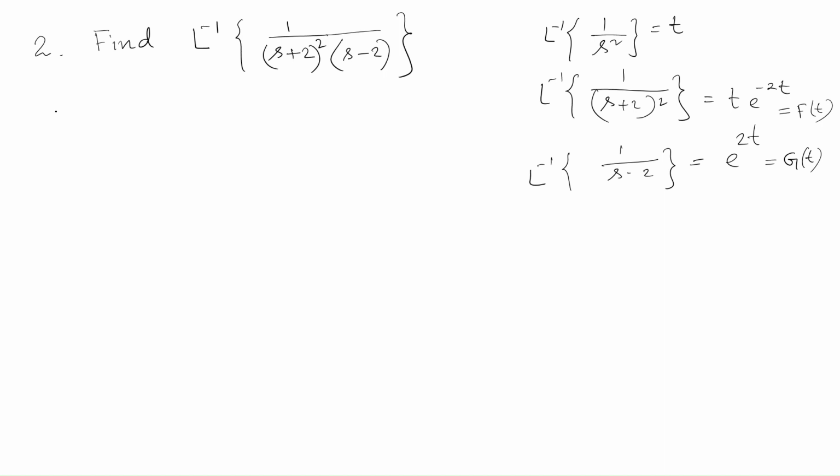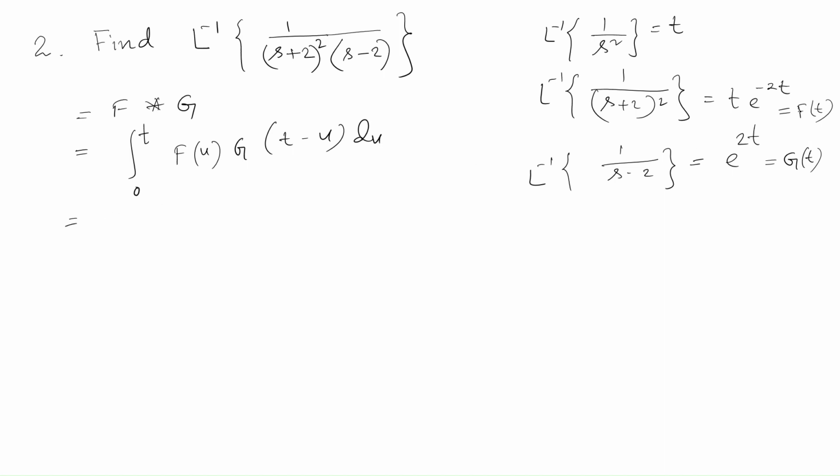Now, using the convolution theorem, we will have L inverse of 1 by (s plus 2) whole square multiplied by (s minus 2) is f star g, which is equal to integration 0 to t f of u, g of (t minus u) du.